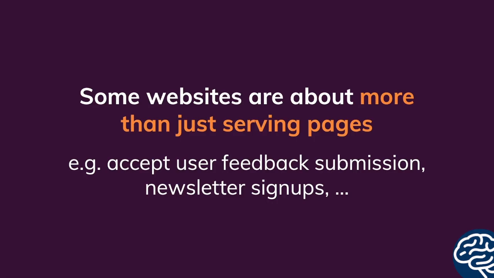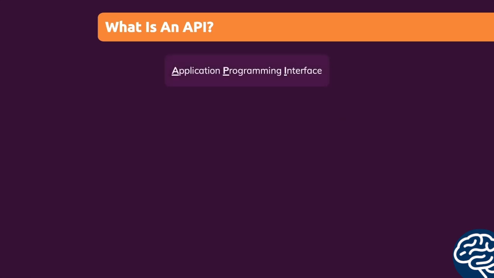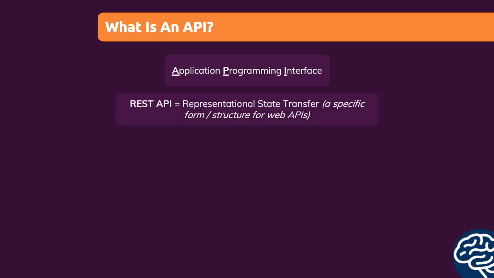And that is what we use APIs for, application programming interfaces. There are different kinds of APIs we could build. REST APIs are the most popular form of APIs, and the idea is always the same.